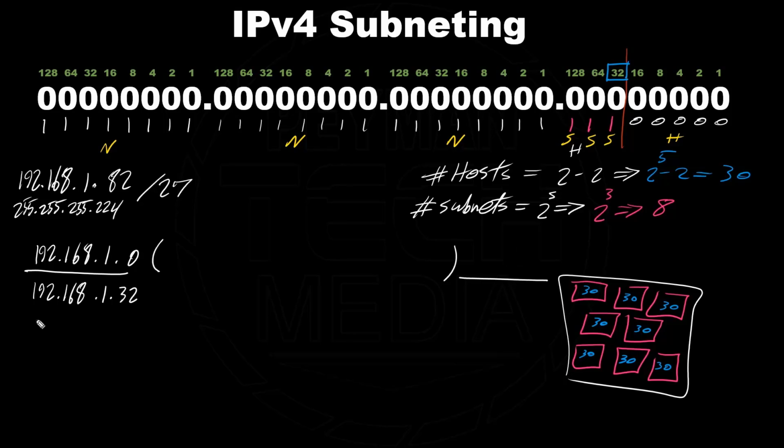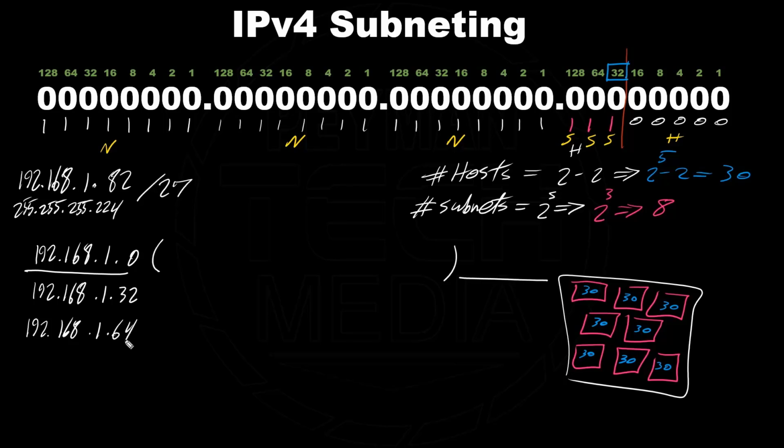If I want to continue, the next subnet would be 192.168.1.64, incrementing by 32 because of the network block ID, or network increment. That's enough.